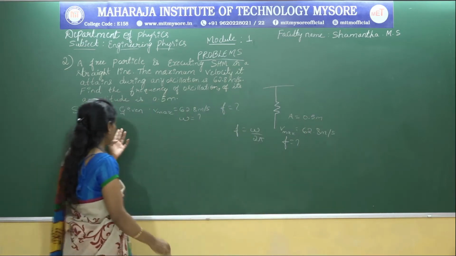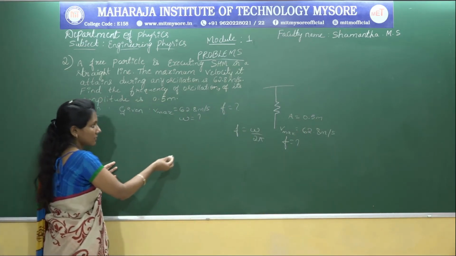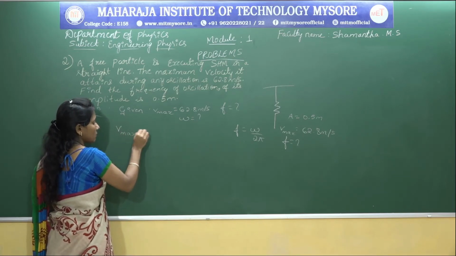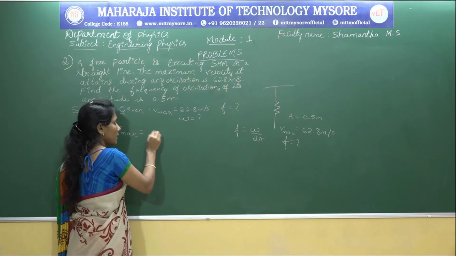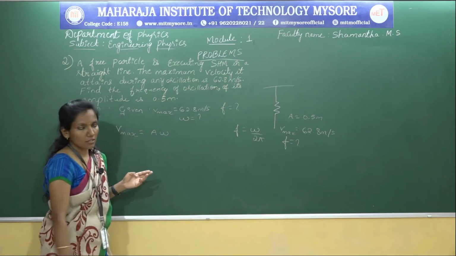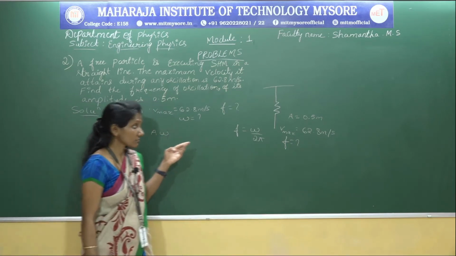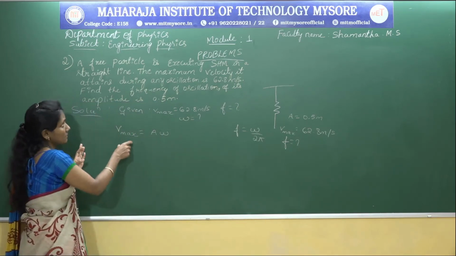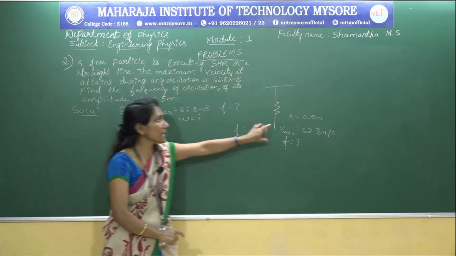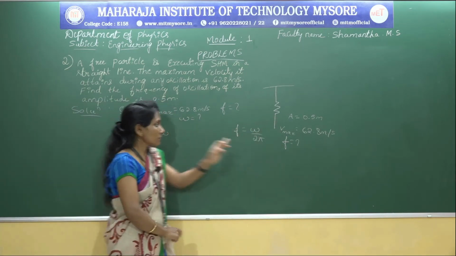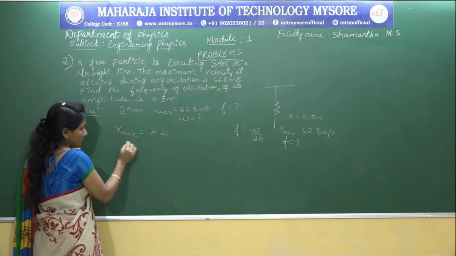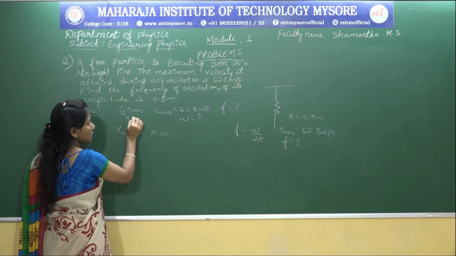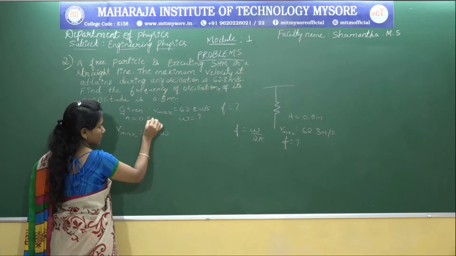Then what is the formula we can use? That is Vmax, maximum velocity, is equal to A omega. At the center, the particle is oscillating at the maximum velocity. Then the amplitude is A equal to 0.5 meter.